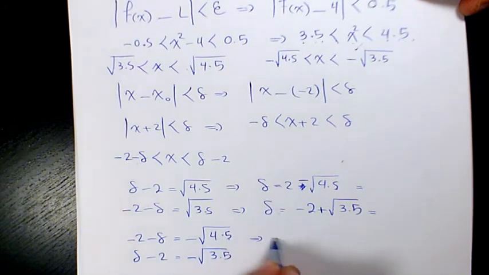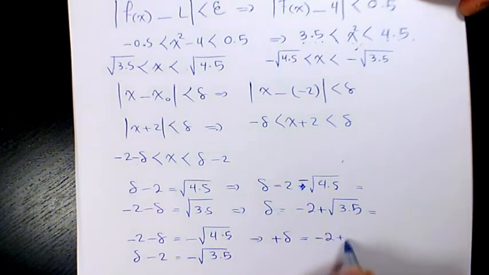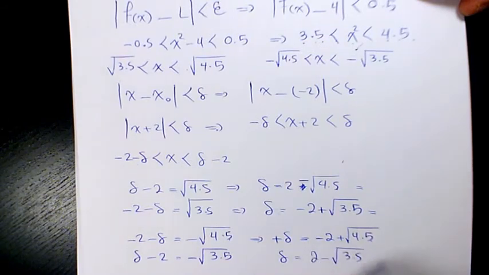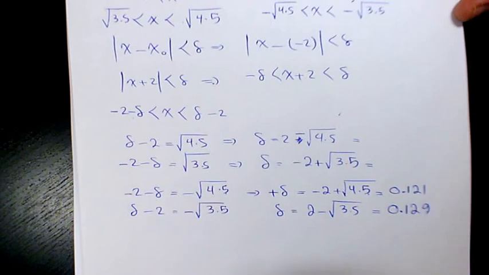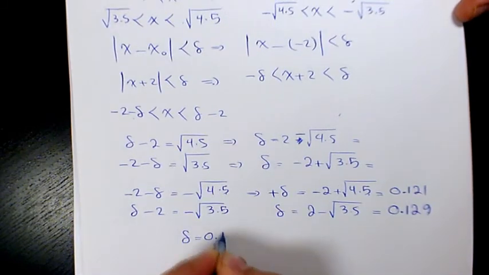So delta is going to be negative 2 plus root 4.5, and the other side is going to be 2 minus root 3.5. So negative 2 plus root 4.5 is 0.121, and here we have 2 minus square root of 3.5, which is 0.129, and the smaller one is 0.121. So delta is going to be 0.121.